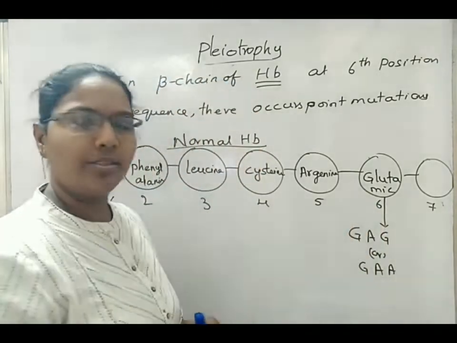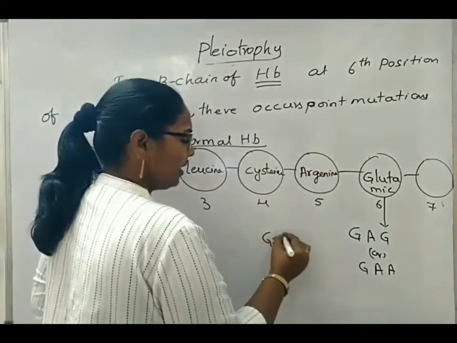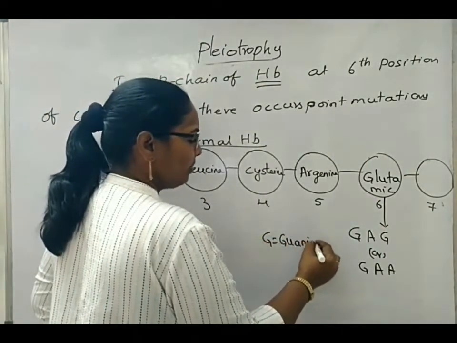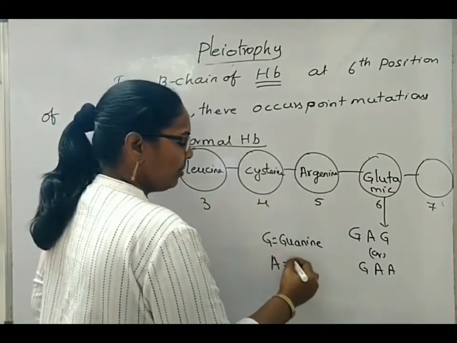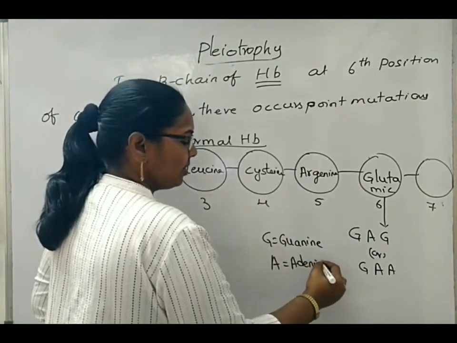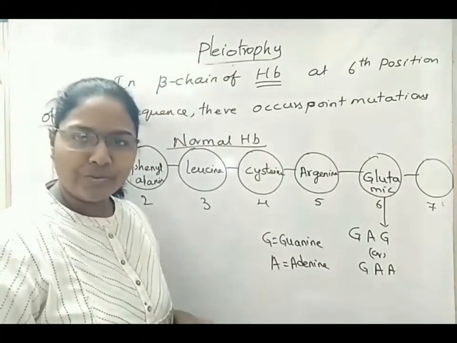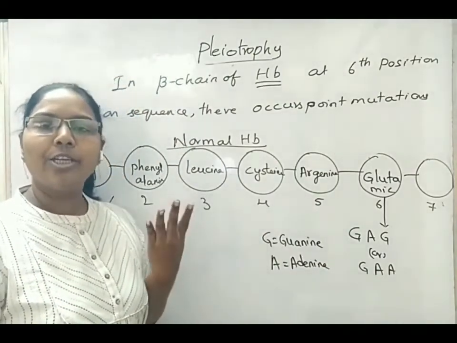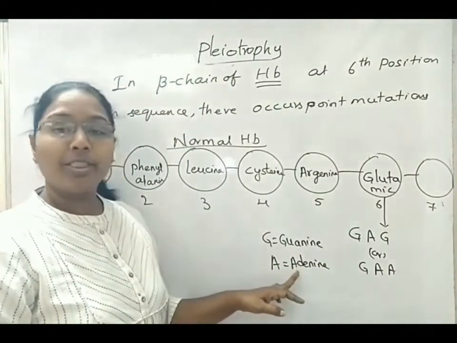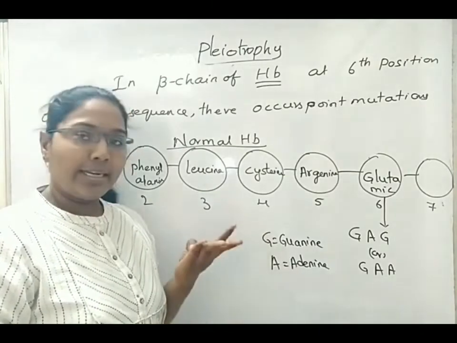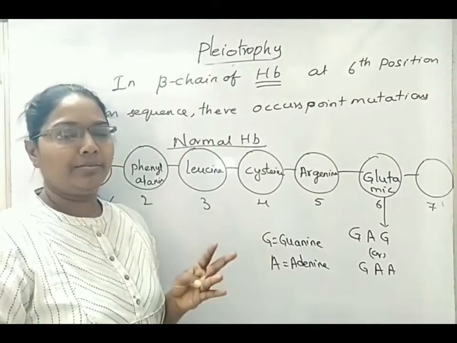G indicates the guanine nitrogen base. A means adenine. So in the DNA molecule, we have 4 different types of nitrogen bases: adenine, guanine, cytosine and thymine.